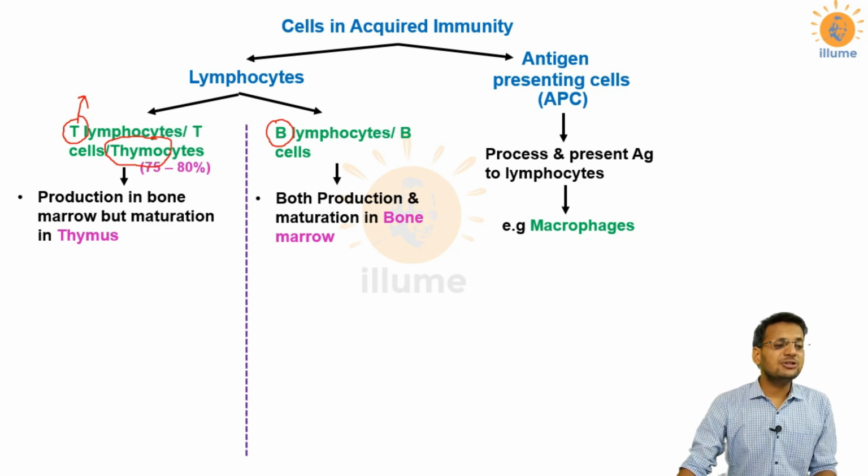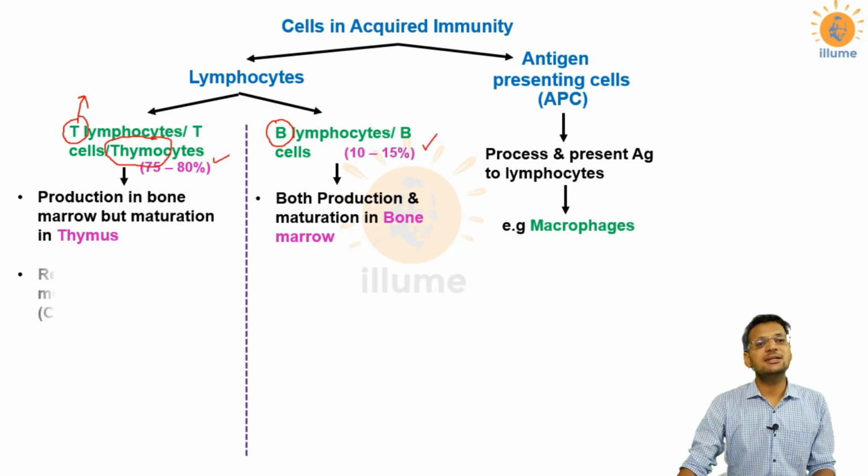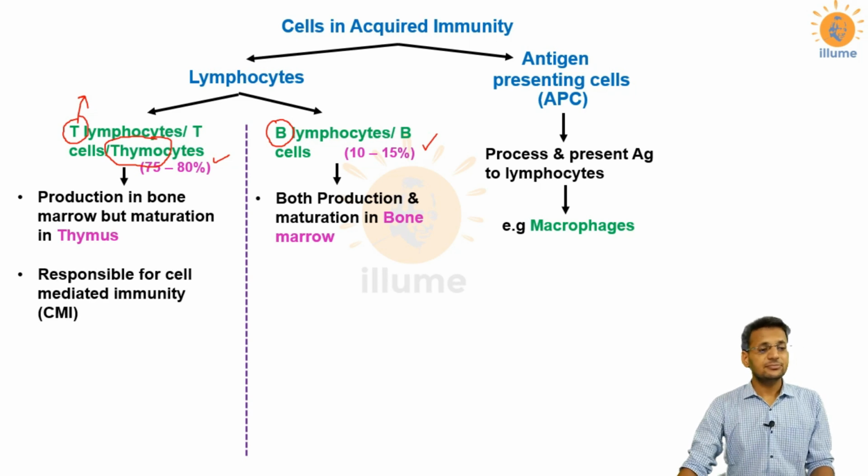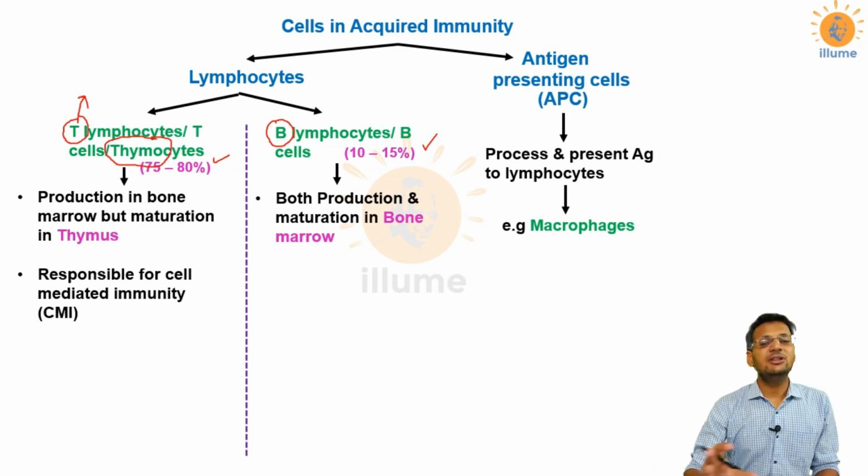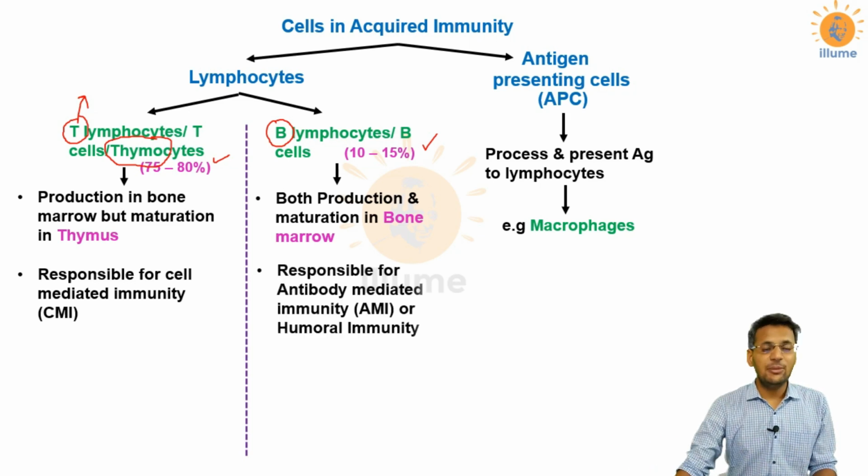If I talk about the concentration, 75 to 80% of lymphocytes are T lymphocytes, but only 10 to 15% of lymphocytes are B lymphocytes. If I talk about the function, the main difference is the type of response they produce, the type of immunity they render to you. T cells always provide cell-mediated immunity, an immunity which occurs with the help of some cells, so it is called cell-mediated immunity.